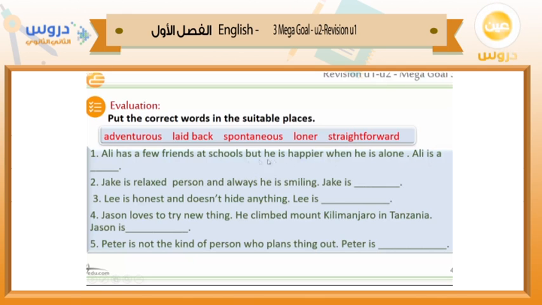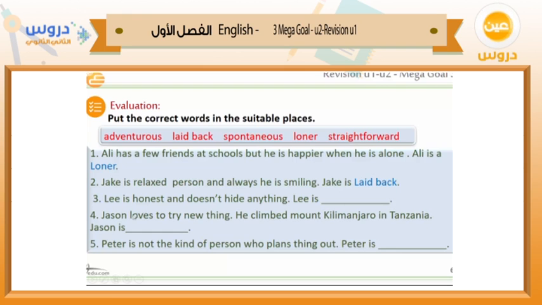Ali is a what? Adventurous, laid back, spontaneous, loner. Excellent, loner. Number 2. Jack is a relaxed person and he is always smiling. Jack is what?